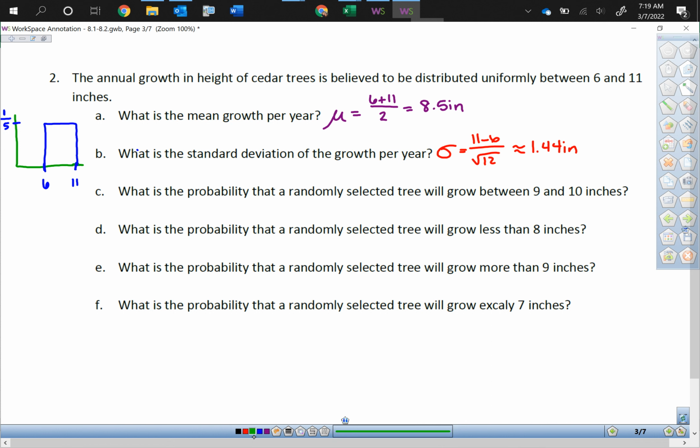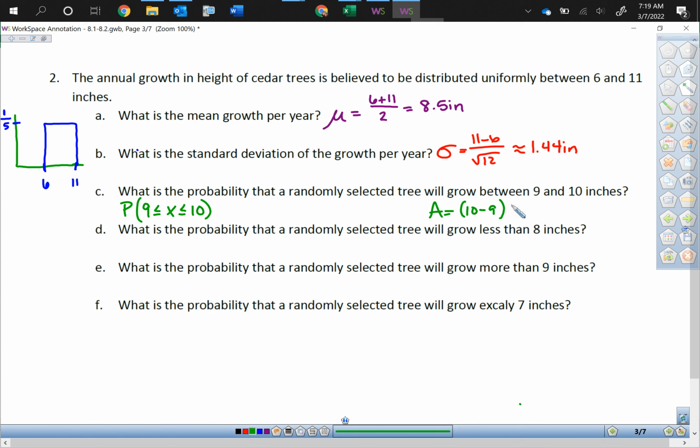Part C, what is the probability that a randomly selected tree will grow between 9 and 10 inches? So that's going to be just like our fire truck problem over there. The area is going to be the difference from 9 and 10 because it's going to start at 9 over here and end at 10. So it's going to be 10 minus 9.